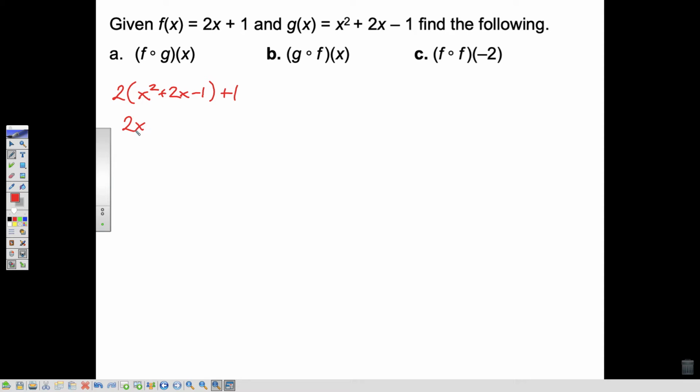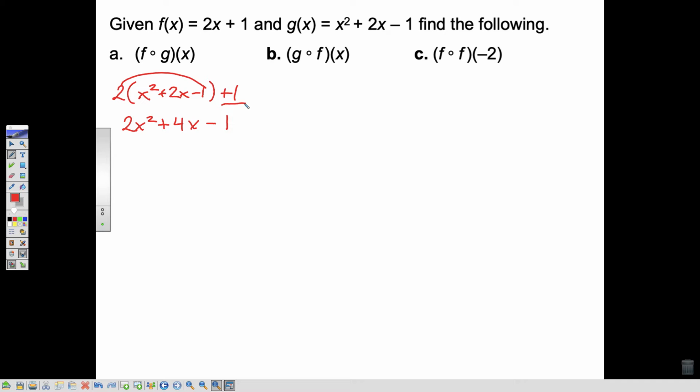So I have 2x squared plus 4x, and then it'd be minus 2 plus 1, so -1. Wait, what happened to the plus 1 at the end? Because it is minus 2, and then plus 1. So you combine them. Oh, silly me. Okay?